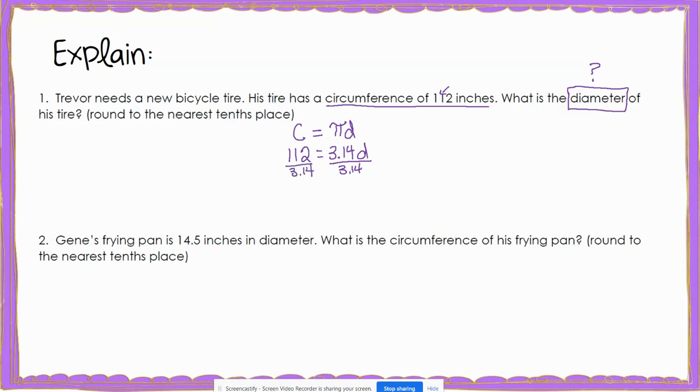When I divide 112 by 3.14, you'll notice that we get a very long number, but our problem tells us to round to the nearest tenths place. So when I round this to the nearest tenths place, I get approximately 35.7. So the diameter is approximately 35.7 inches.